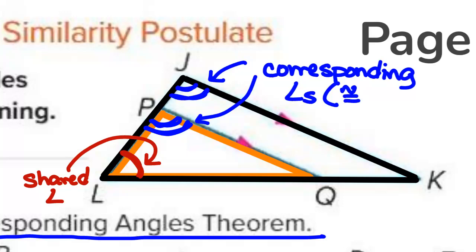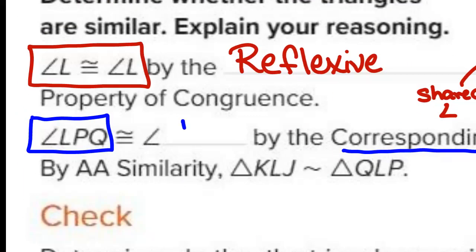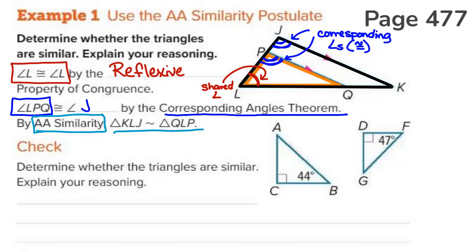Corresponding angles are also congruent. So angle LPQ is congruent to angle J. So by angle-angle similarity, triangle KLJ is similar to triangle QLP.